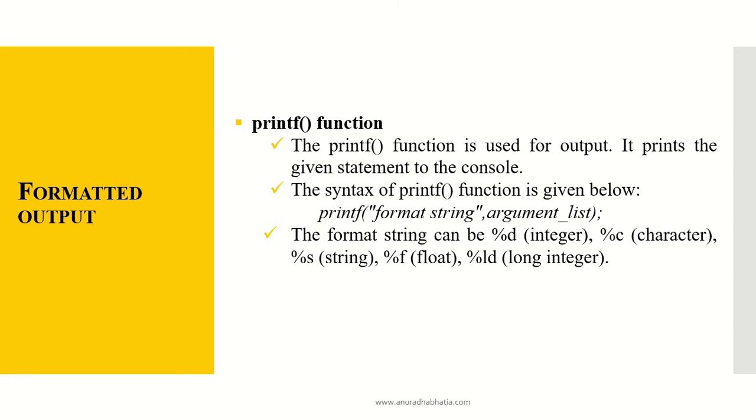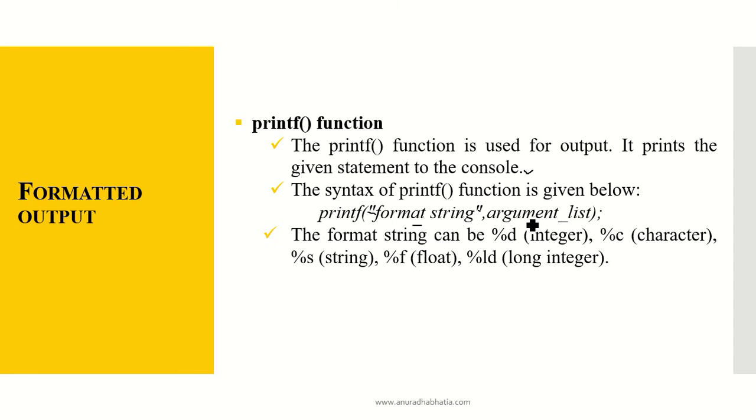Now let's see what is the formatted output that stdio.h supports. The first one is printf. The printf function is used for output. It prints the given statement to the console. The console is your computer output screen, that is the monitor. The syntax for the printf function is given below. In the double quotes, whatever you write will be printed as it is, along with the format string. If I write without a format string, "welcome to C", it will be printed as it is. Now here is a format string.